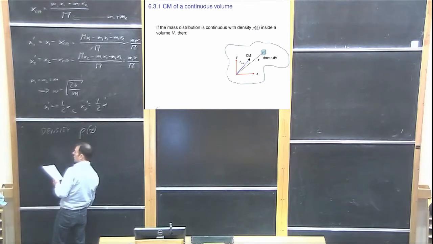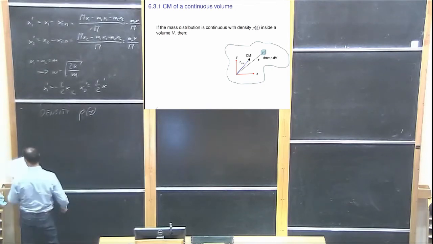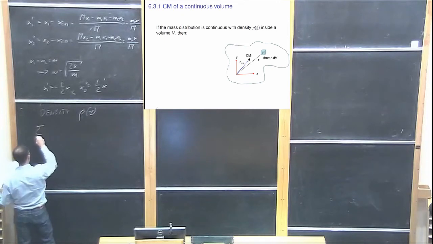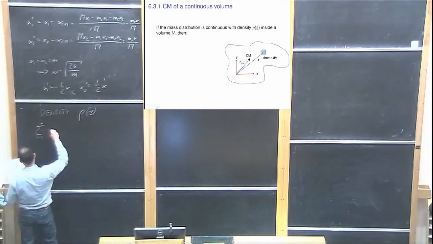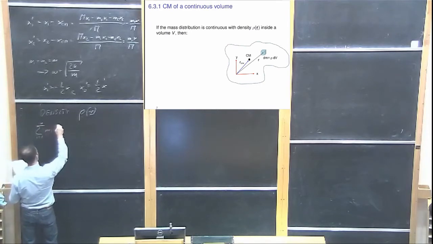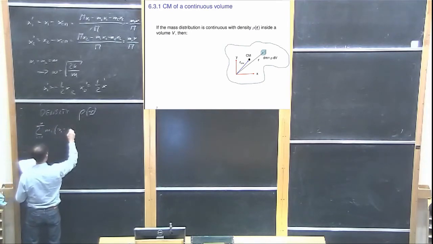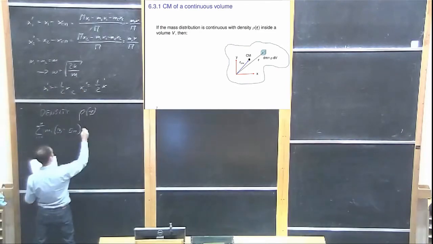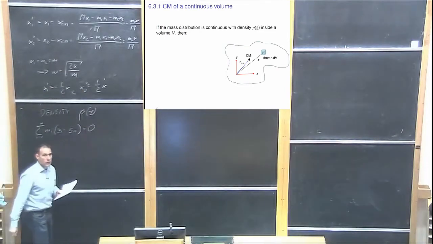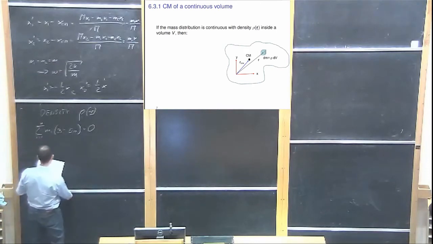Before we had the definition of the center of mass, sum from i equals 1 to n, m_i (r_i minus r_cm) equals 0. So that was what we had before.